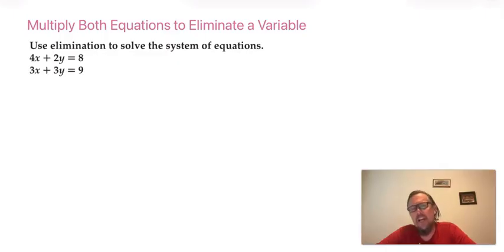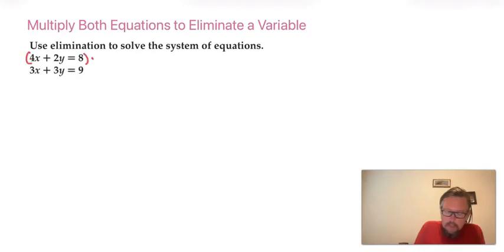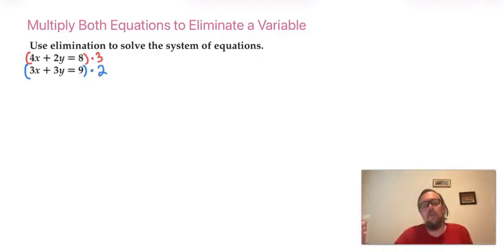And what I mean by that is, although there's not a one-stop way to get our coefficients the same, if I multiplied the top equation, everything in it, of course using the multiplication property, by 3, and I multiplied everything in the bottom equation by 2, then my 2y would turn into a 6y, and the 3y would also turn into a 6y, and then I would have a 6y over 6y, and I could use elimination. So let's go ahead and do that.